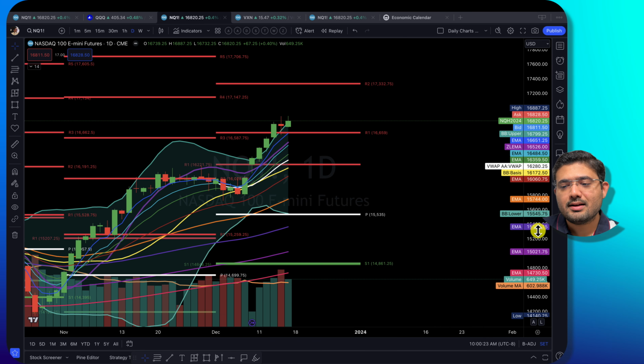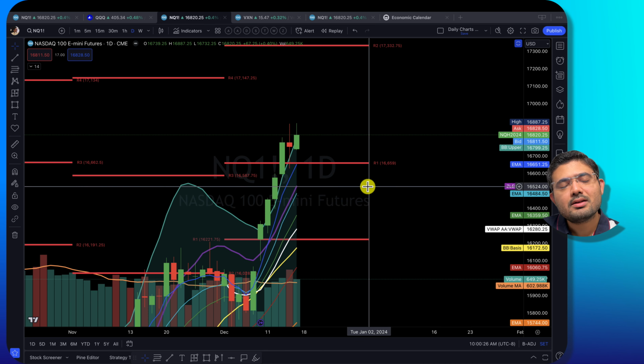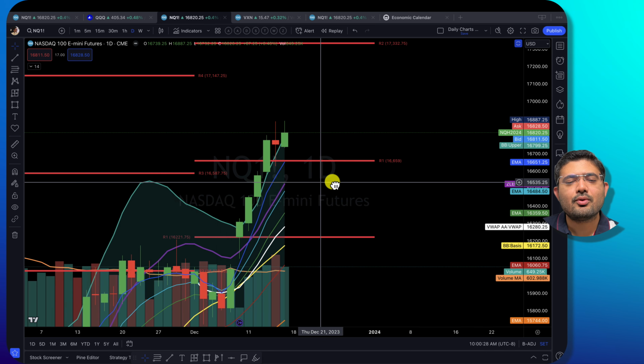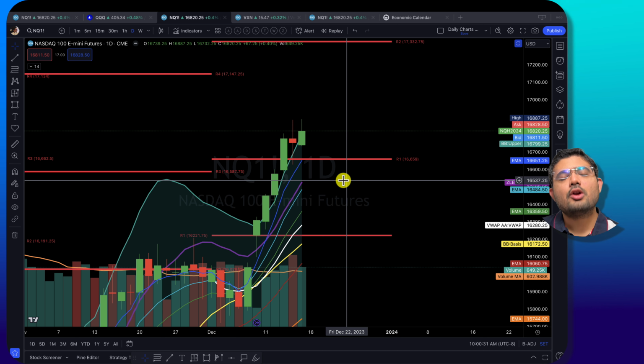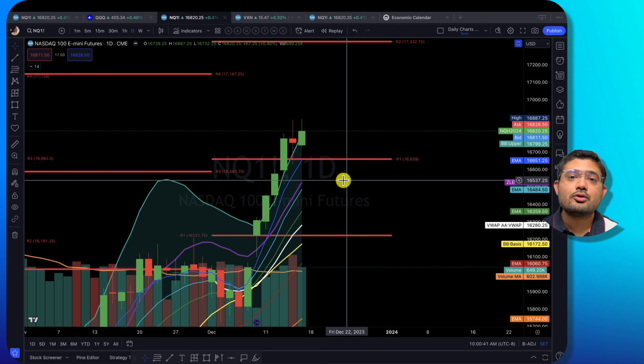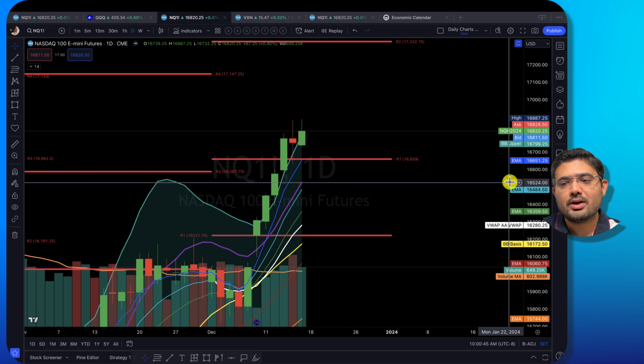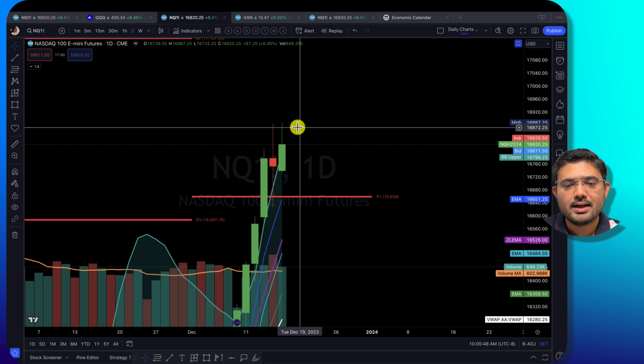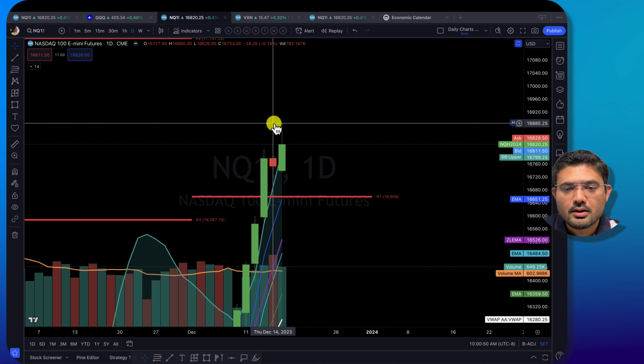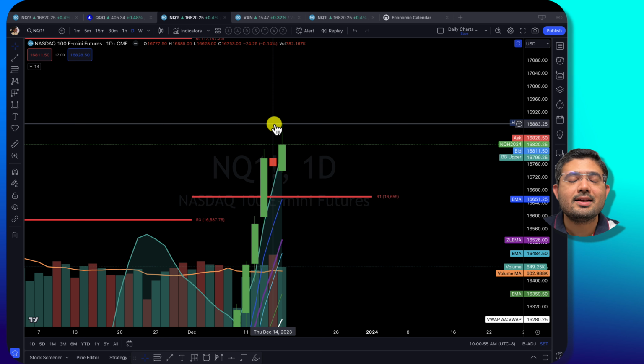In the daily analysis, the basics of technical analysis tell you that for any security or stock to go higher, it needs to eliminate the previous day's high. And for any stock or security to go lower, it needs to eliminate the previous day's low. So my thesis going forward is, as you can see on the daily chart, the highs of yesterday were sitting at 16,883.